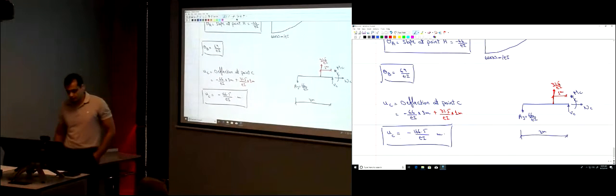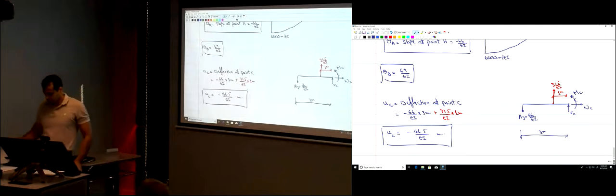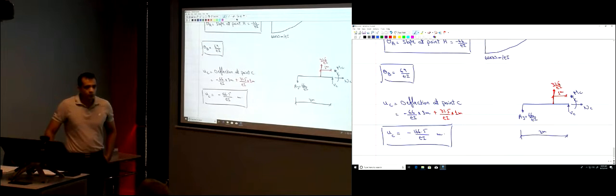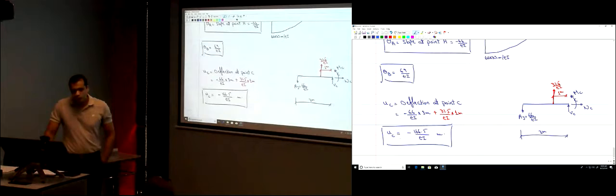Any question? Okay. We're going to need the method of conjugate beam to start our new chapter this semester, which is the slope deflection method, to prove many things that we're going to use right away in the slope deflection method.